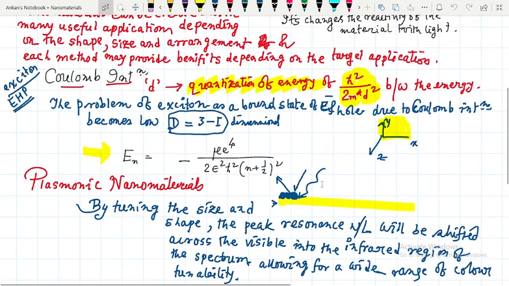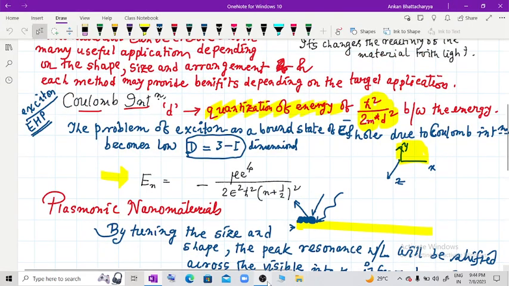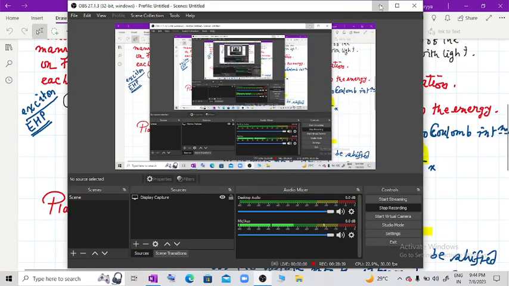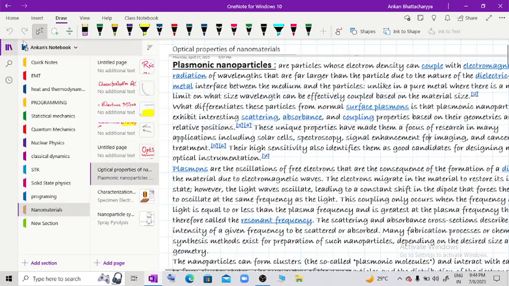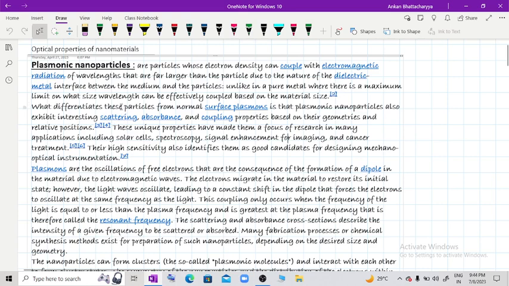Now if you want to study plasmonic nanomaterials in detail, I can show you some important facts. Plasmonic nanoparticles are particles whose electron density can couple with electromagnetic radiation of wavelength far larger than the particle, due to the nature of the dielectric interface of the medium and the particles.